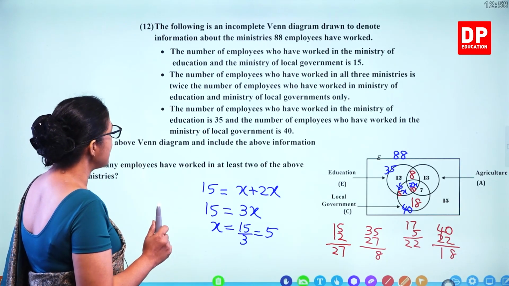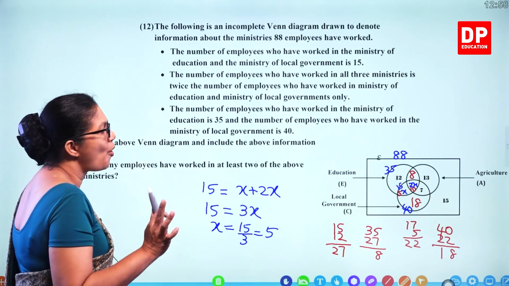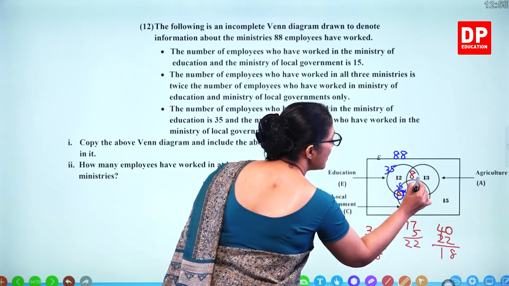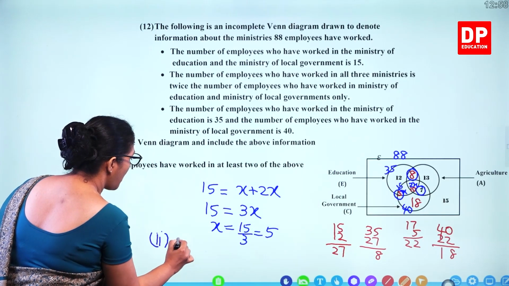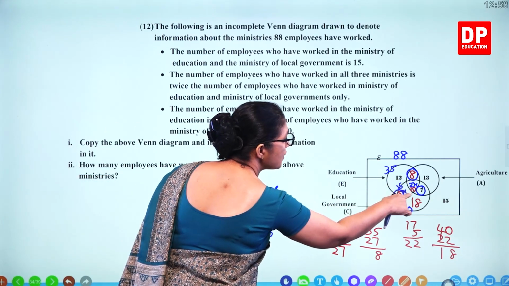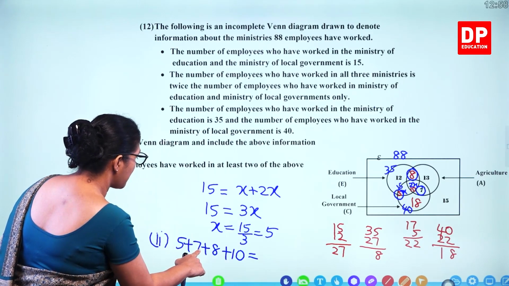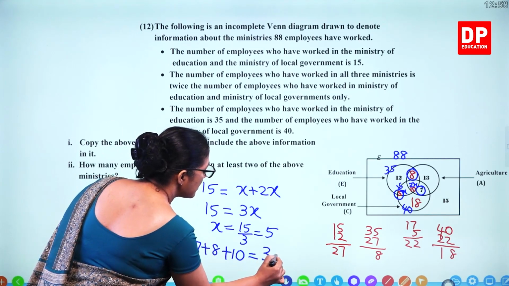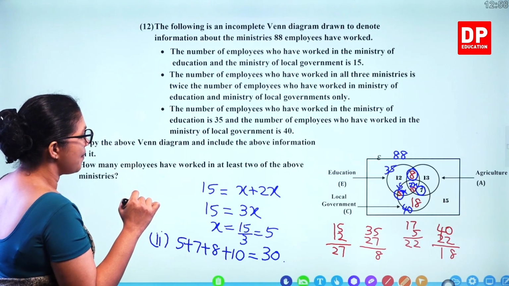How many employees have worked in at least 2 of the above ministries? 2 or more. So we can add these values. 5, 7, 8, and also all 3. That's 10. 5 plus 7, 12, 20, 30. 30 employees are there.